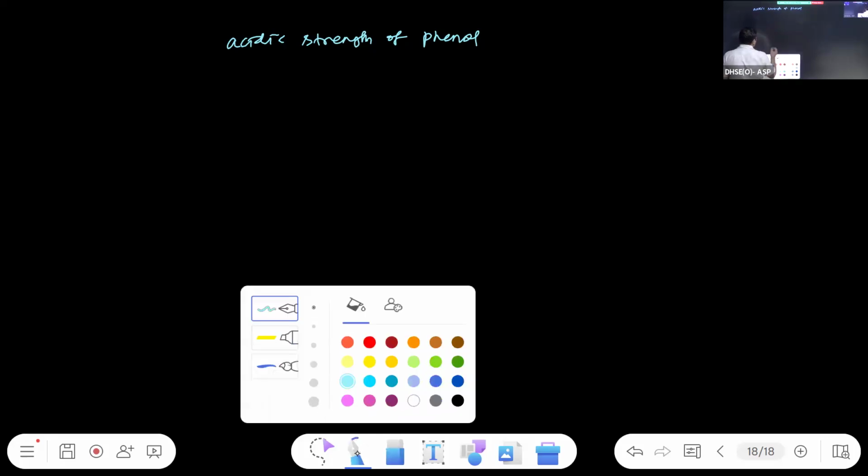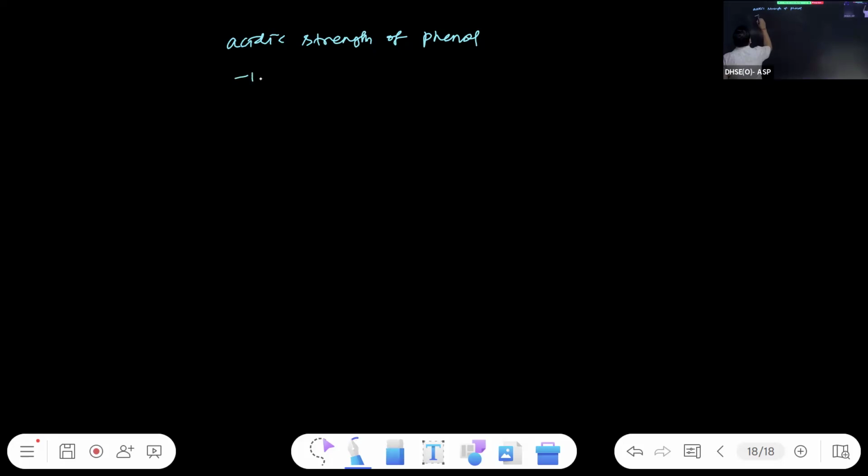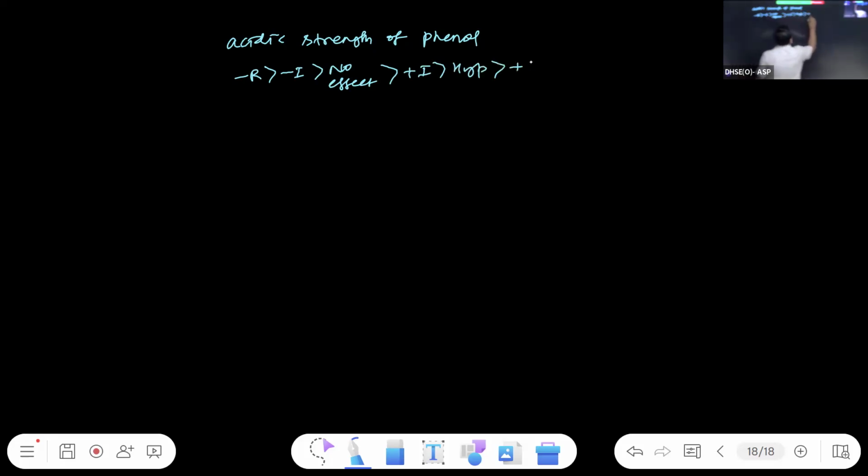Now, if we write the order, the increasing order of acidic strength is: first minus R, then minus I, then no effect, then plus I, hyperconjugation, plus R. We have to follow this rule.